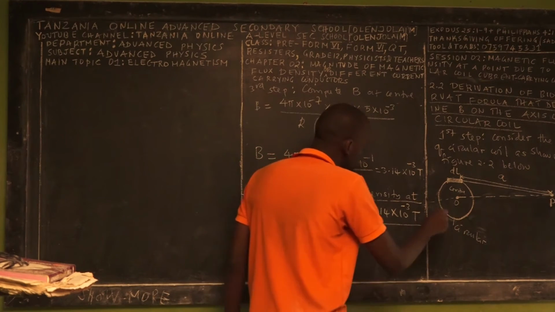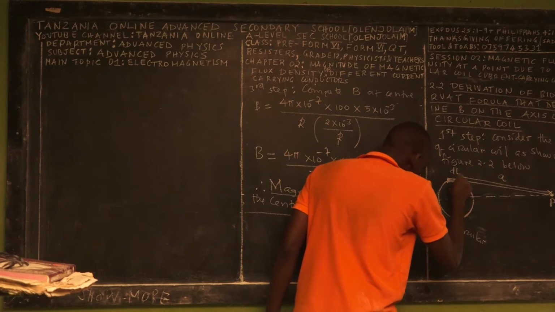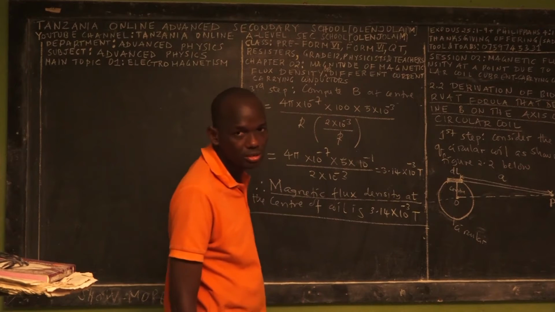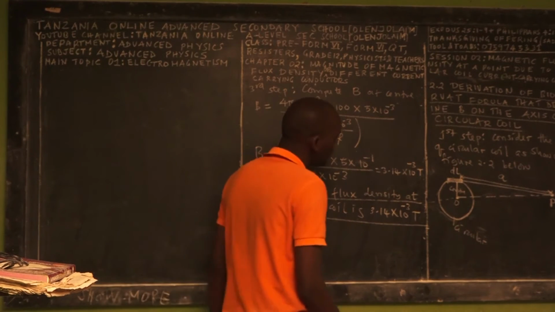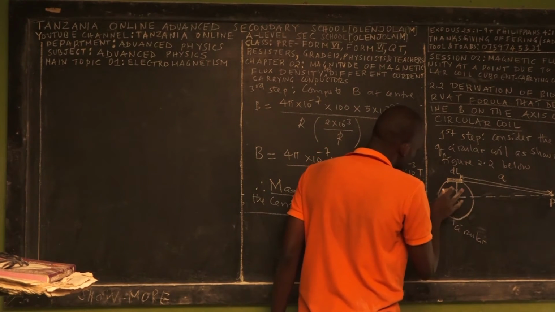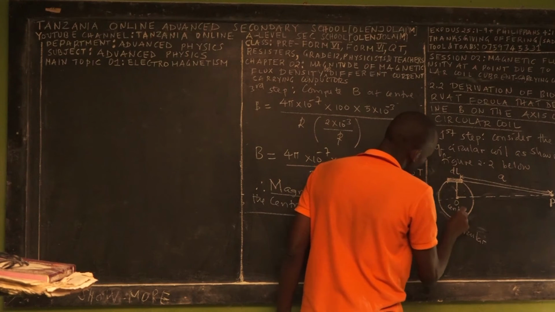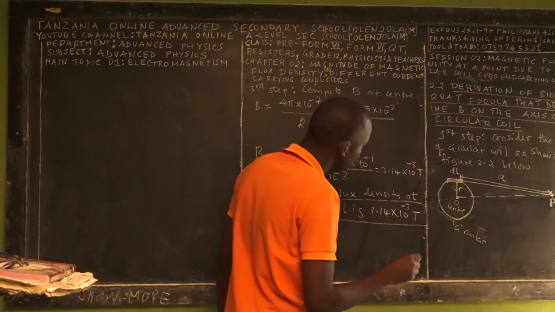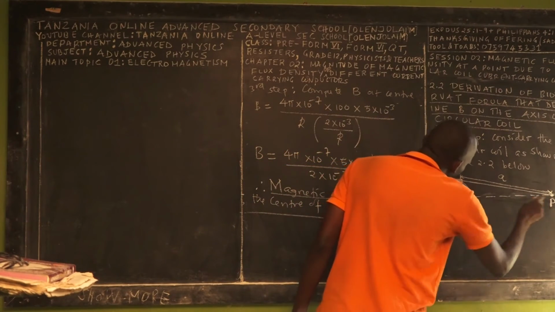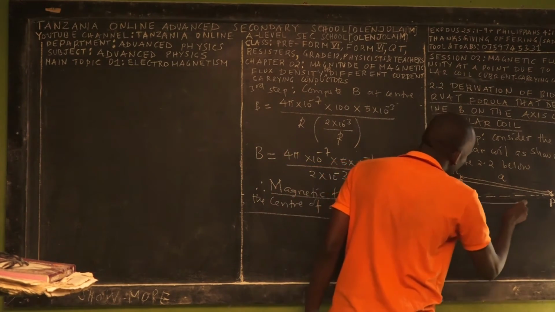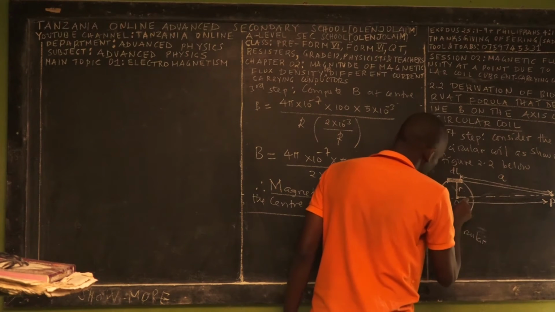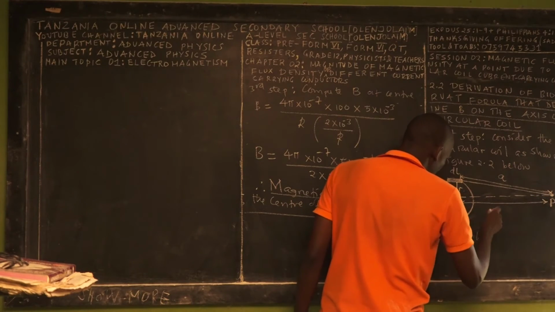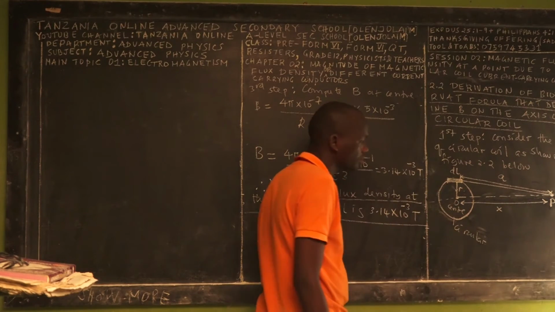Here we have a line from the center to the circumference of the circle, and this line is called the radius. Let the distance from O, the center of the circular coil, to the point P be x.